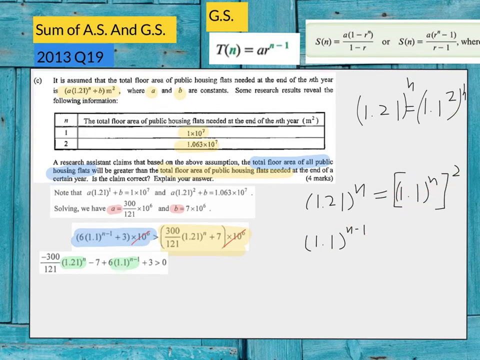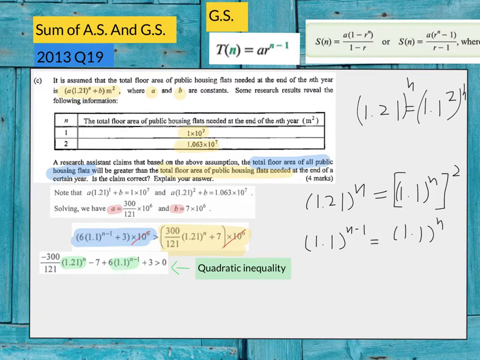So how about this one? Because if we have this one to be squared, then we should have 1.1 to the power n to do the quadratic inequality. When we have a quadratic inequality, we must have 1.1 to the power n.